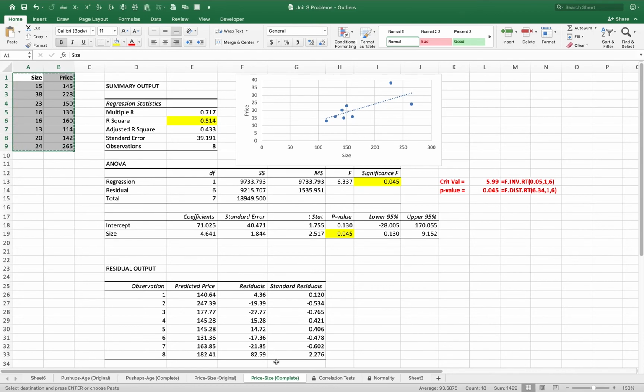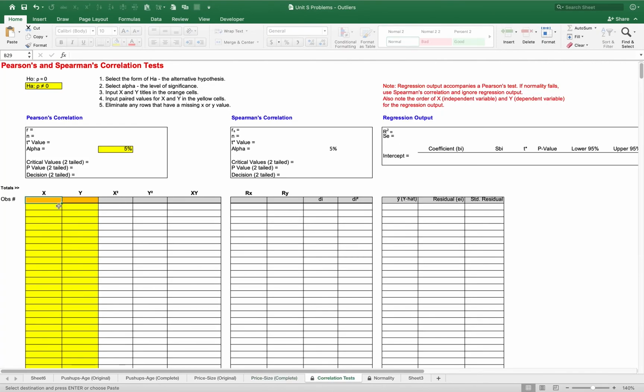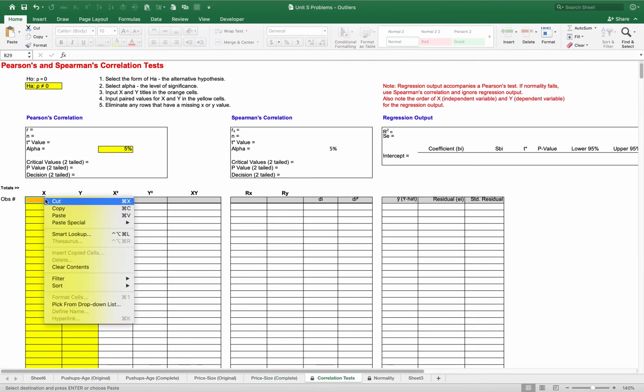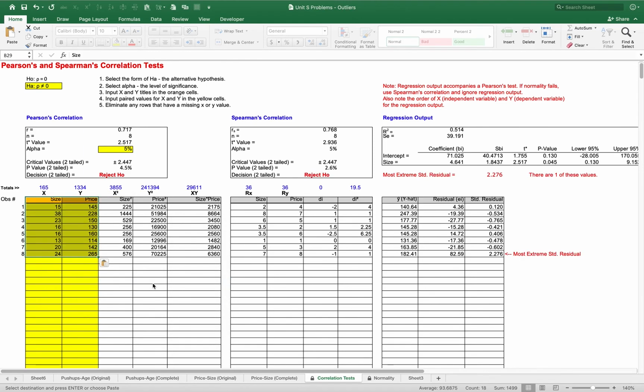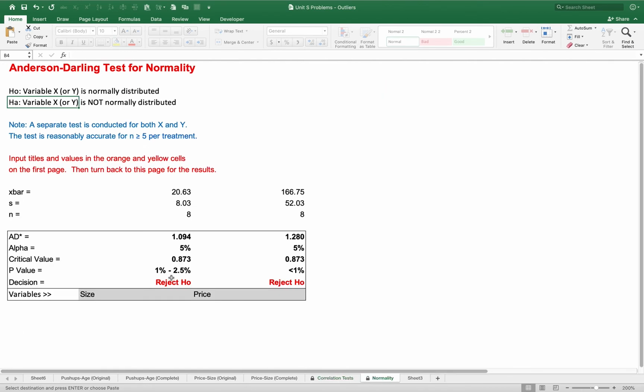So copy that. Good. And so we get our 51% up here, and everything else is the same. However, let's take a look at normality. We got a problem with normality.